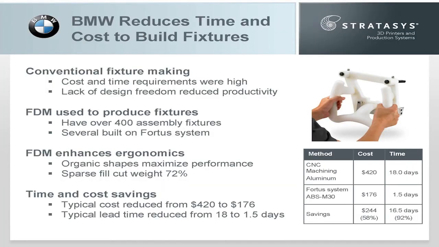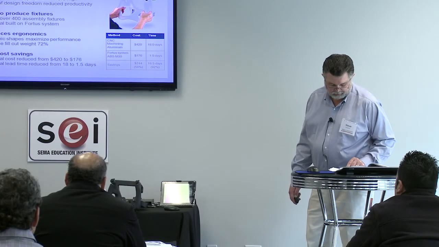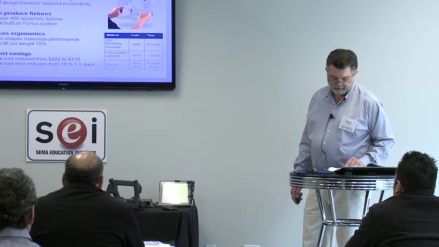The solution: BMW now uses a Fortis system to make ergonomically designed assembly aids that perform better than conventionally made tools. The benefits: the freedom of design enables engineers to create configurations that improve handling, reduce weight, and improve balance. The additive FDM process can easily produce organic shapes that sweep and flow, making it possible to maximize performance while improving handling characteristics.